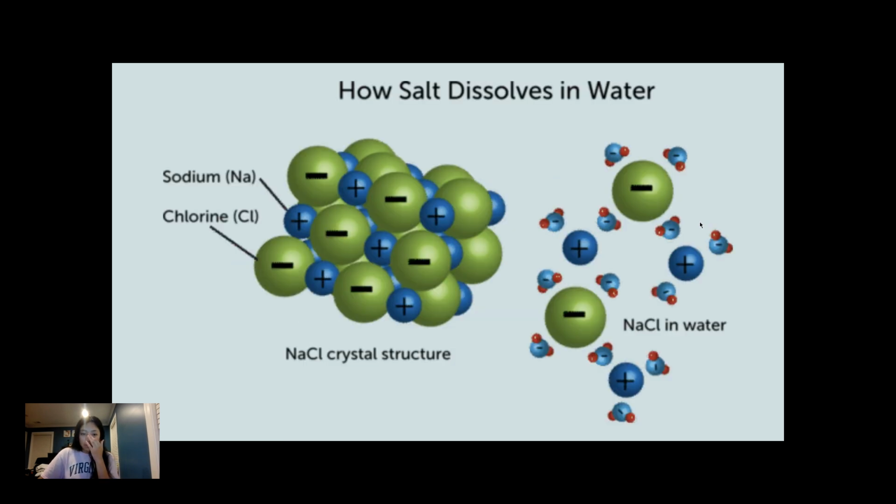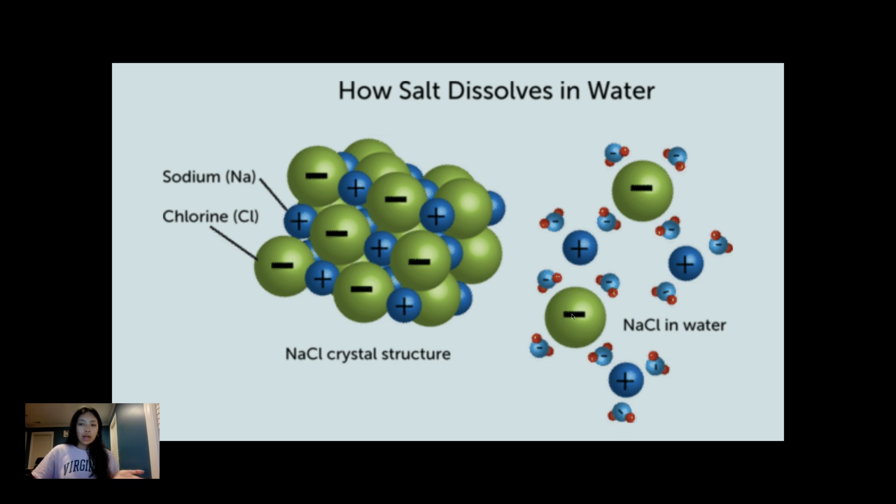So on your test, if you're asked to draw a diagram of the dissociation, first of all, check if it's an ionic compound. Ionic compounds are solid, so you have to draw them in a lattice structure. Over here you can see it looks like a solid, right? It's a square. And then when you place this in water, the atoms or the molecules will start to dissociate.